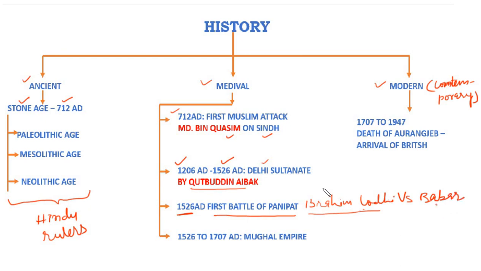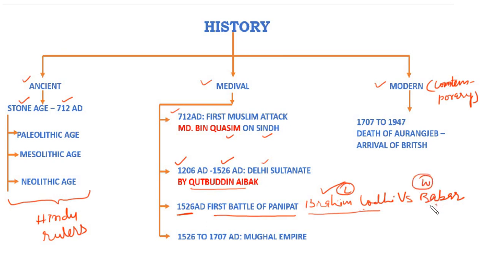Babur came from Fargana and attacked Ibrahim Lodi. There were some circumstances why he attacked Ibrahim Lodi. There is a story behind it. We will discuss it. For the time being, Babur attacked Ibrahim Lodi in Panipat, and it was the first Battle of Panipat. Ibrahim Lodi lost the battle, and Babur won the battle.